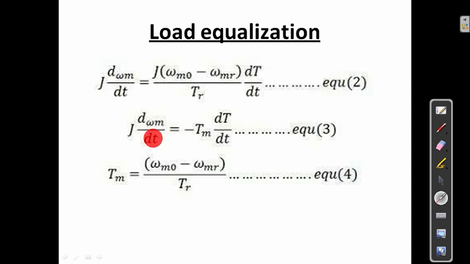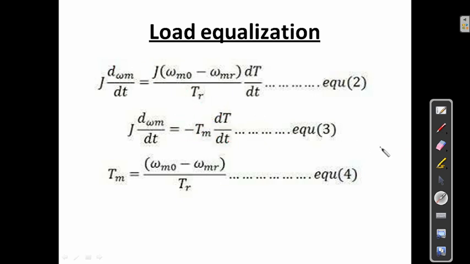Then J dωm/dt is equal to −Tm dT/dt. This is equation 3. Then Tm is (ωm − ωr)/Tr.